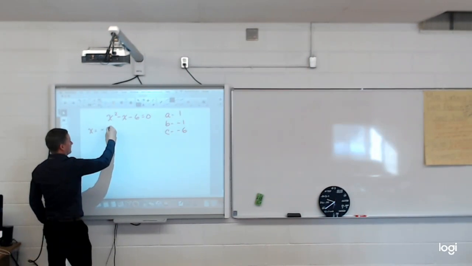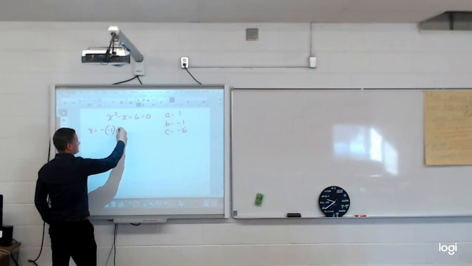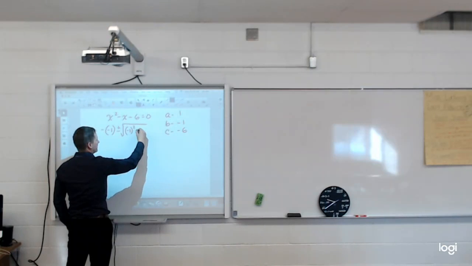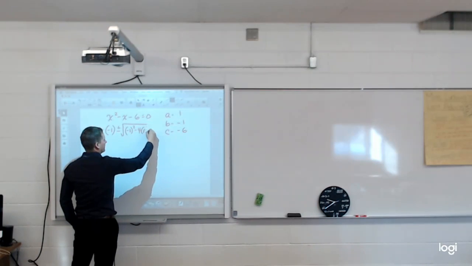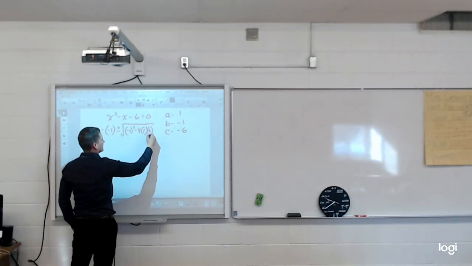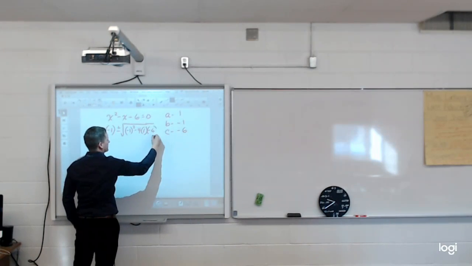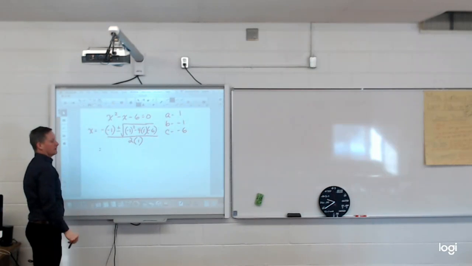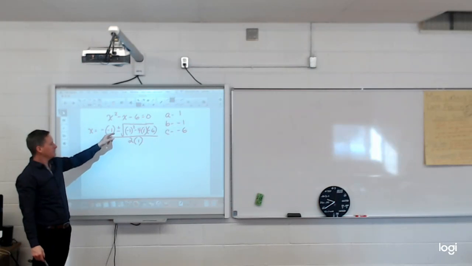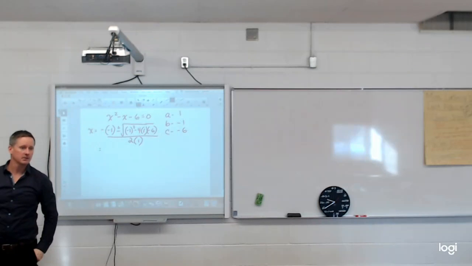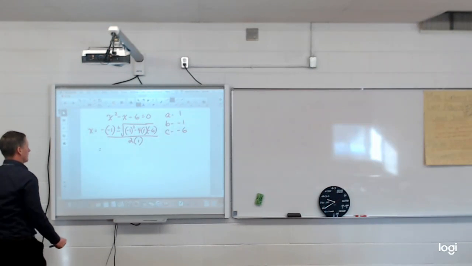I've got negative, substitute in -1, plus minus the square root of b squared, so that's -1 squared, minus 4 times 1 times -6, sorry, that's negative 6, over 2 times 1. That's negative b, plus minus the square root of b squared minus 4ac, over 2a. So far, so good?